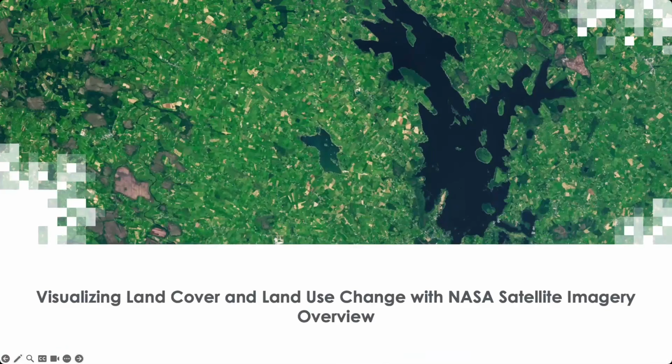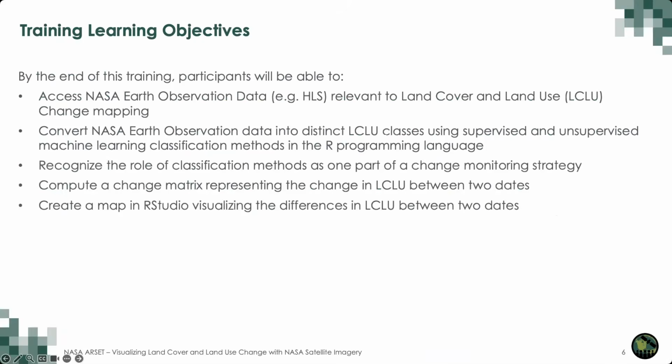This training is called Visualizing Land Cover and Land Use Change with NASA Satellite Imagery. These are the learning objectives for the entire two-part training, of which this is part 2.